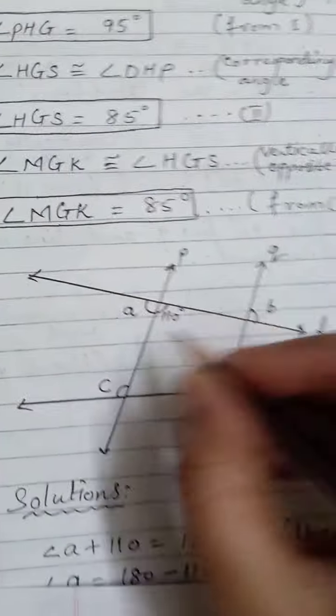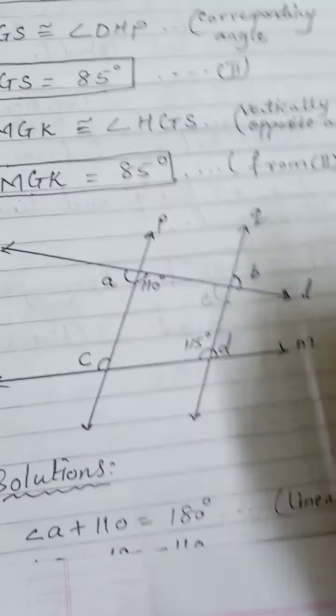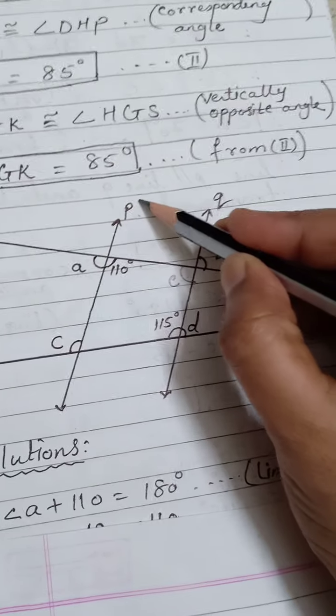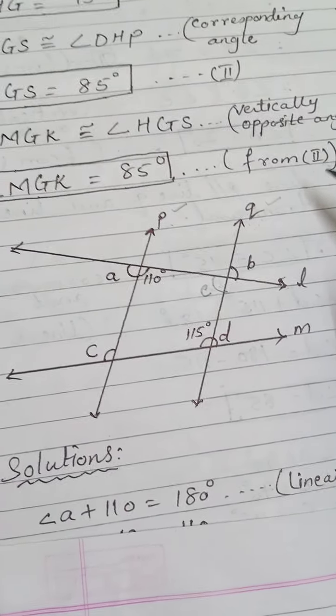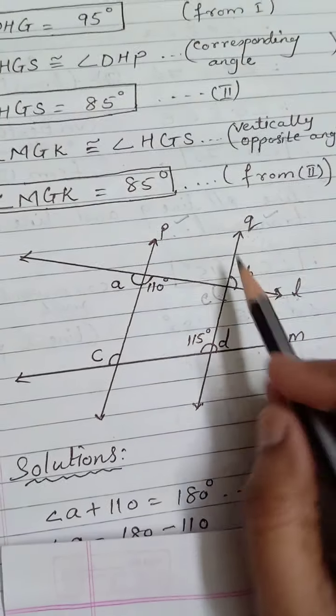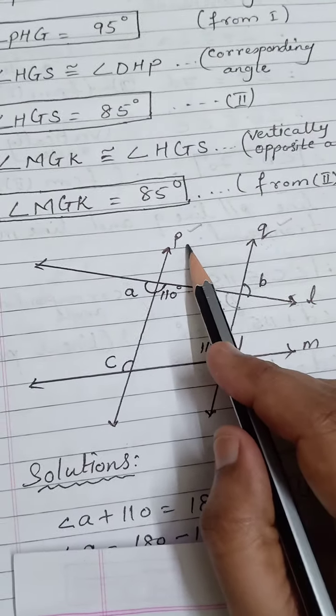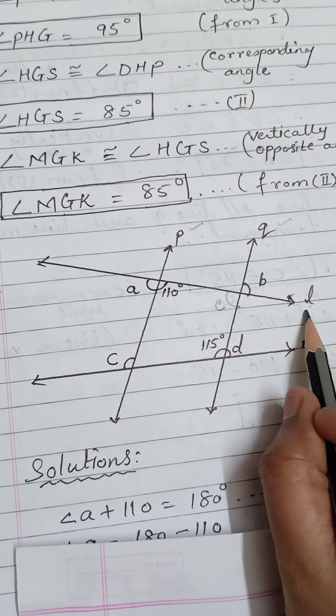Now see here, A, B, C, D are already used. For example, I am taking here angle E. See, line P and line Q are parallel lines, and I am taking one of the transversals, that is line L. So we can say the statement that line P is parallel to line Q and line L is a transversal.